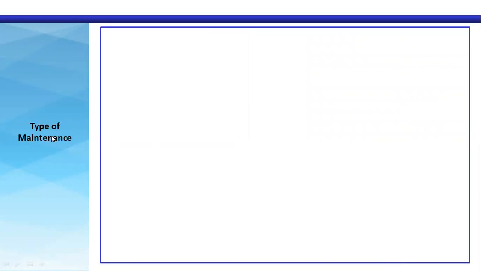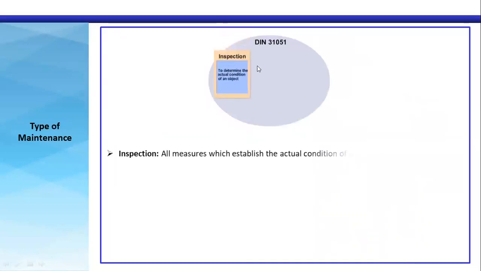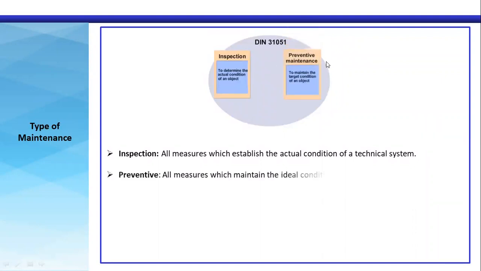Now come to the next topic, the different types of maintenance. First of all, inspection. What do we mean by inspection? All measures which establish the actual condition of a technical system. Your technical system can be either equipment or a functional location. Next is preventive maintenance, all measures which maintain the ideal condition of a technical system.